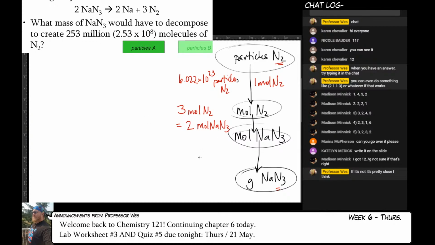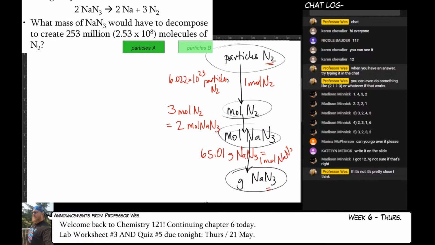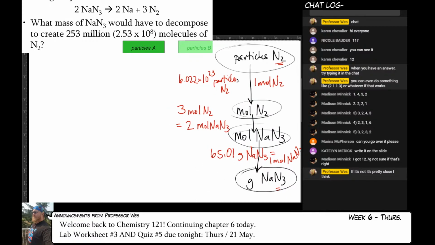The number that I found online was 65.01 grams NaN3, 1 mole NaN3. Oops, I ran out of space. All right, it's there. You'll just have to believe me.